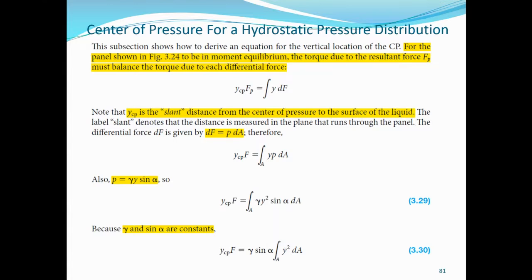For the panel to be in equilibrium, meaning for it to remain static, without any movement, the moment equilibrium has to be considered. The torque, which is the moment due to the resultant force, must balance the torque due to each differential element.